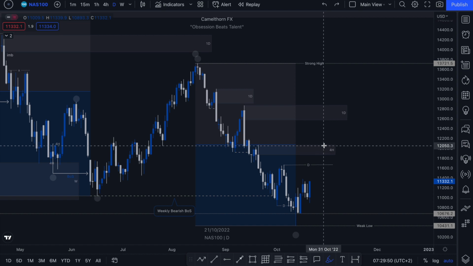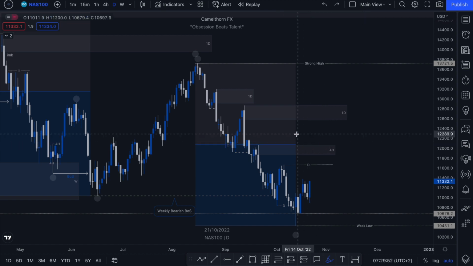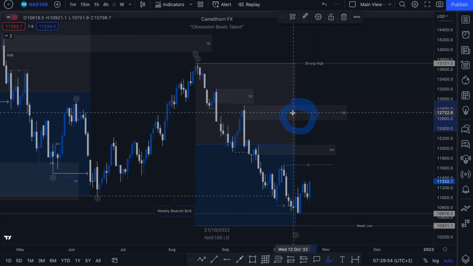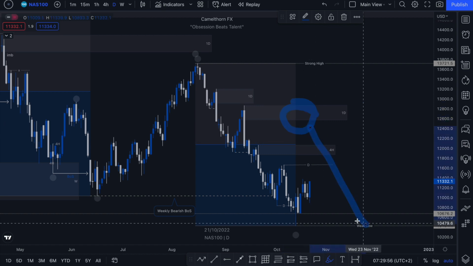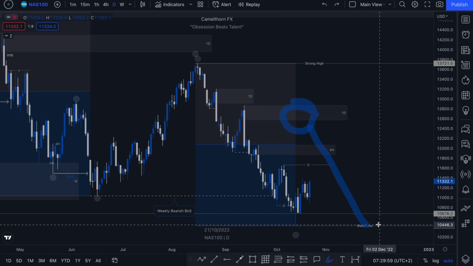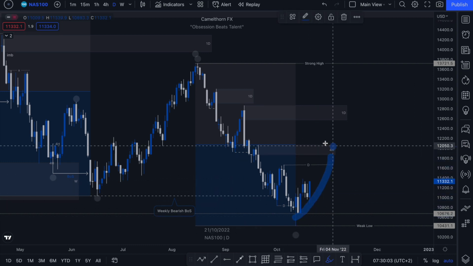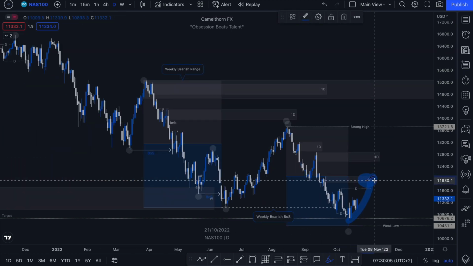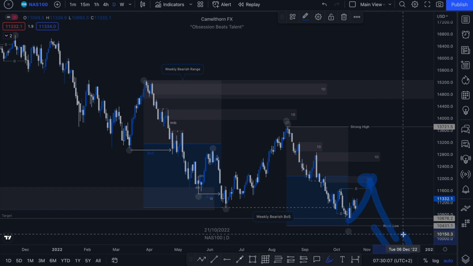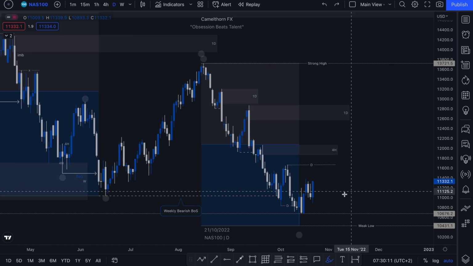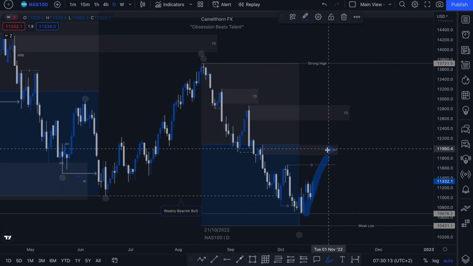And as you guys know, price action does not always need to trade into premium pricing in order to continue a potential bearish leg. So there is a possibility as well that price action could pull back, mitigate this 4-hour, and then just continue down bearish.